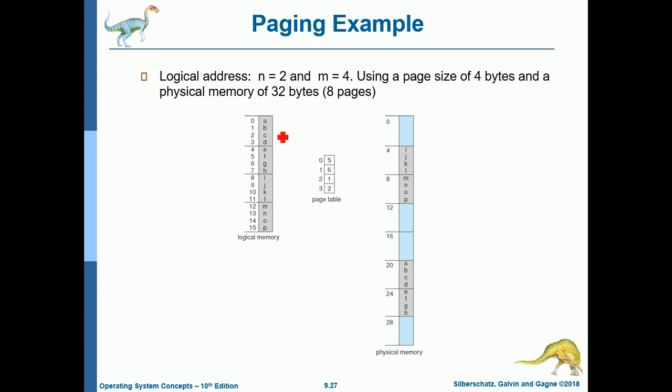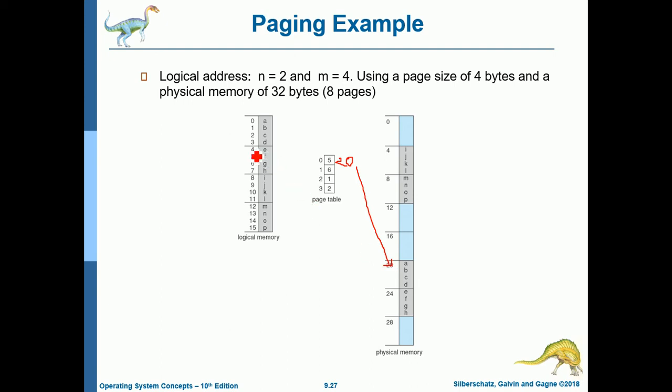Our logical memory here is A, B, C, and D. It will be located at frame 5, since we have to multiply it by 4. So 5 times 4 is equal to 20. That's why our A, B, C, and D is located at address 20.